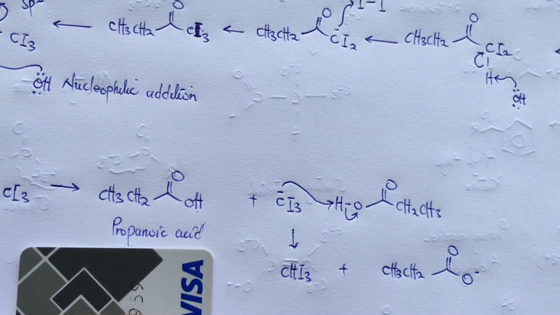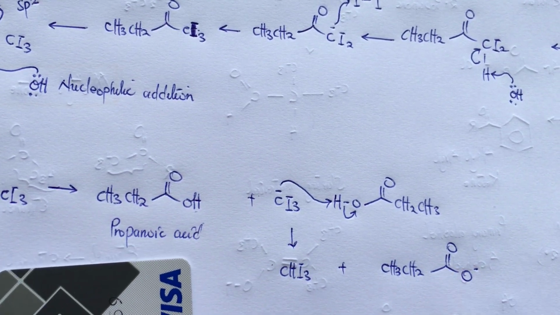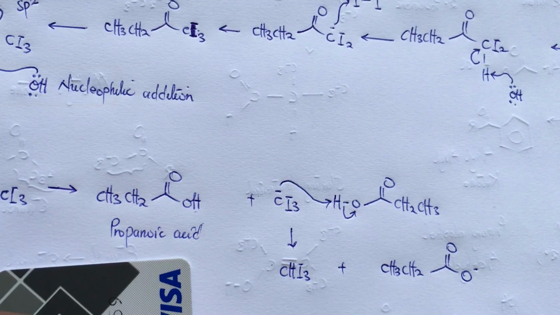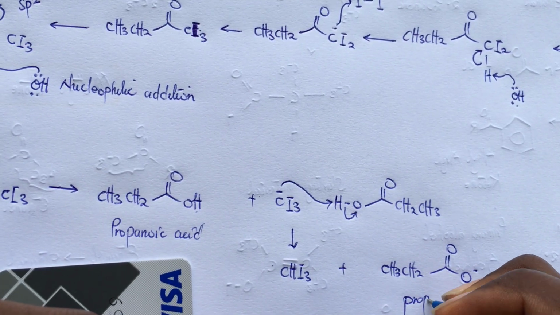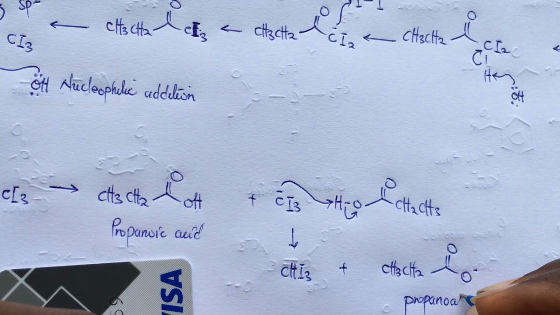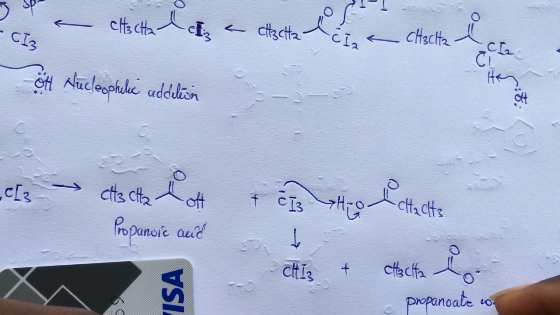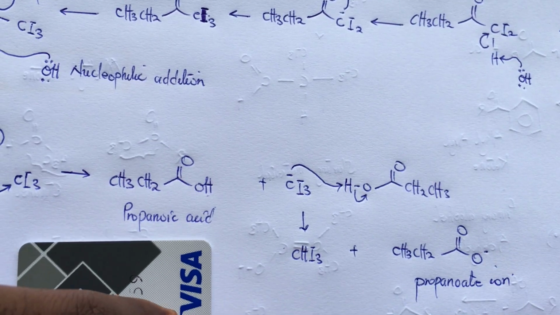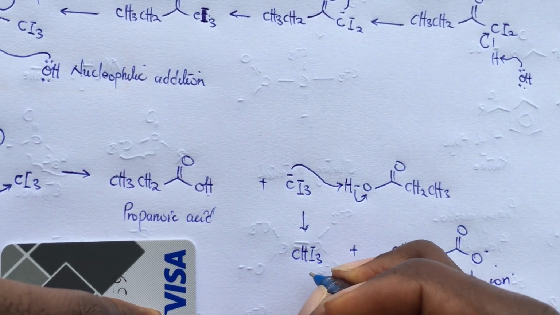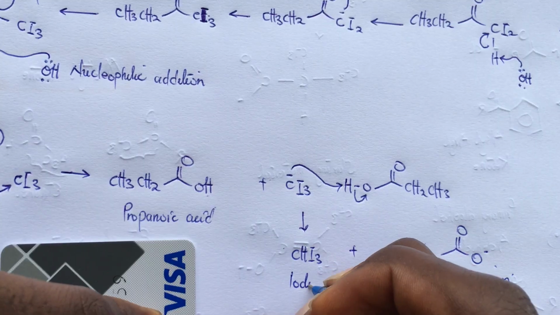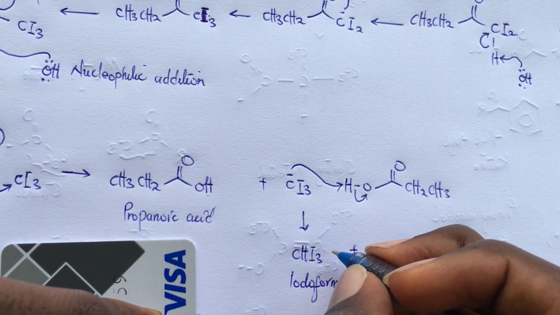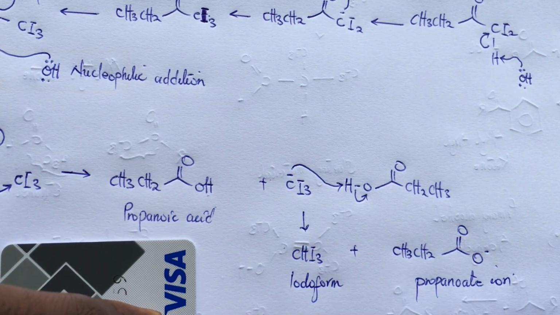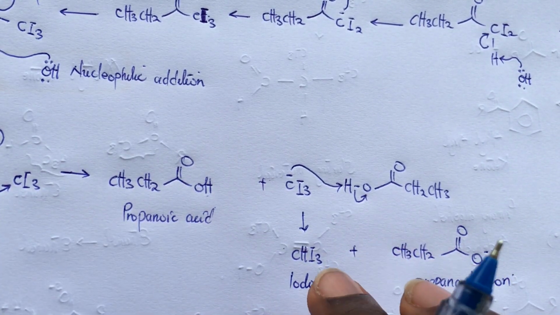Because we've removed the hydrogen from there, it becomes a carboxylate ion, in this case the propanoate ion. And then the next thing you are going to have is iodoform. So this is the iodoform that we are talking about, and it is yellow in color. CHI3 is iodoform. So now we've generated our iodoform.